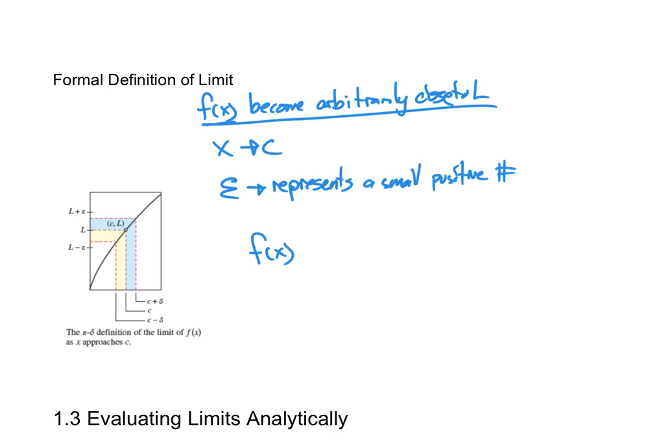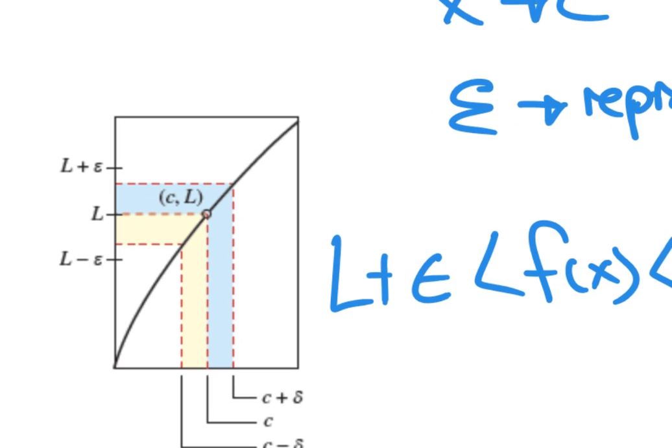lies in between L plus epsilon and L minus epsilon. And that's what we see here. Here's our limit, this is our f of x value that we're approaching, and it's within this bound. So let's say that this was 5 and epsilon was 0.00003.